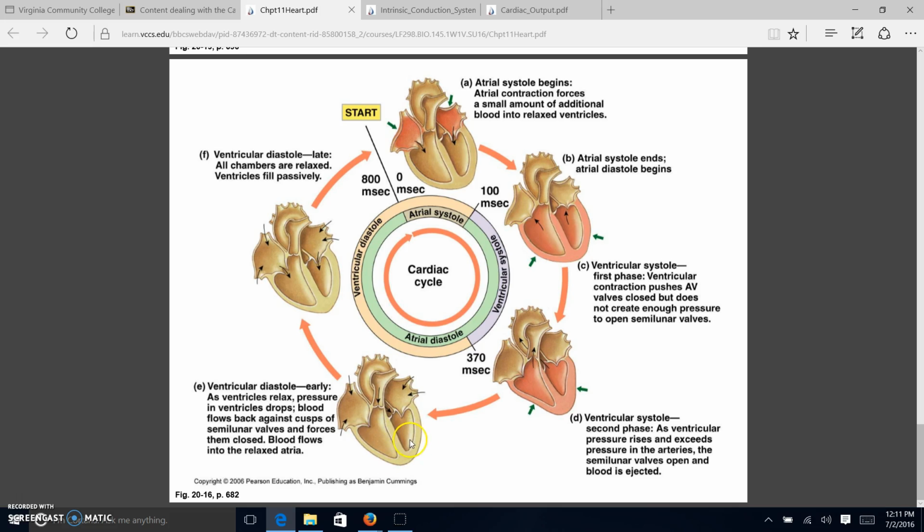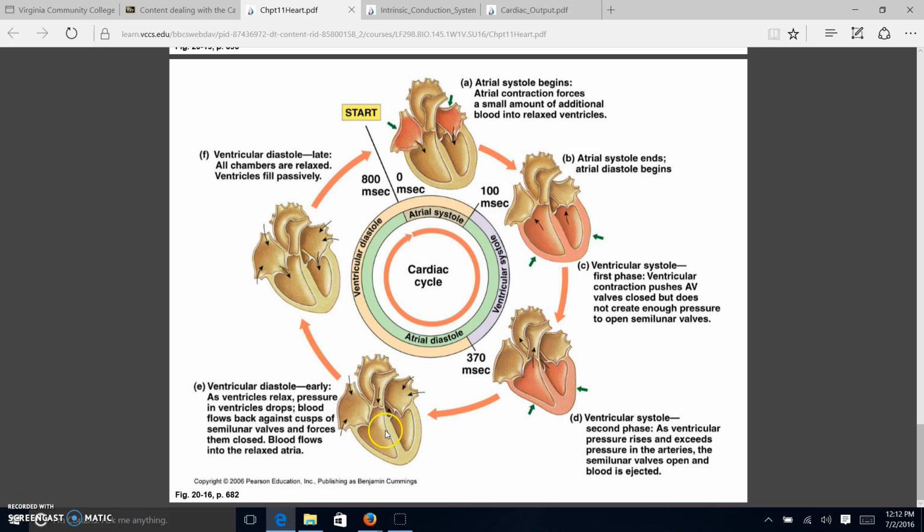Now, whatever blood didn't make it past that valve simply falls back down to the bottom. Notice that at this stage, because I closed my valves here and here, they are still closed here and here. The blood that got past there, once I started relaxing, kind of backfilled, but instead of going back down in here, it backfilled enough to close the semilunar valves from the other side. Okay, now at this stage, which is ventricular diastole or ventricular relaxation, the early stages, nothing's contracting, but all my valves are closed.